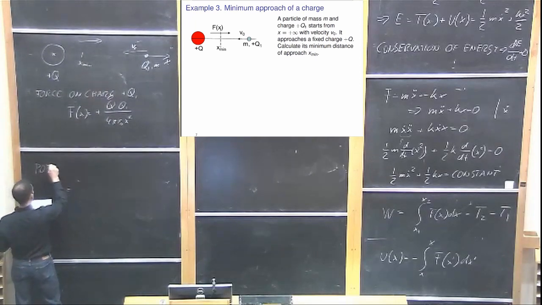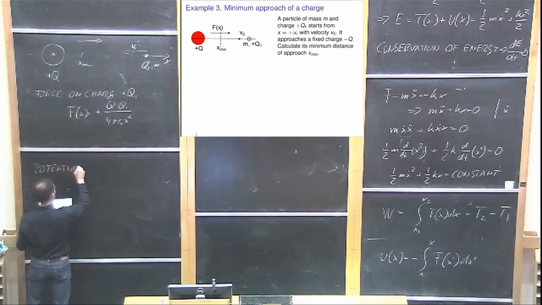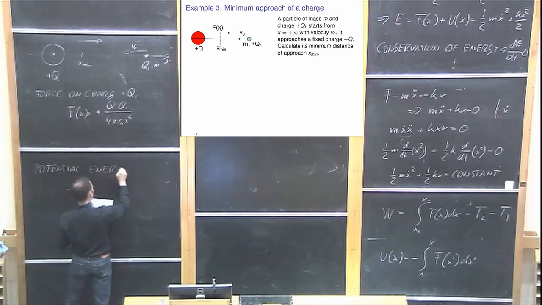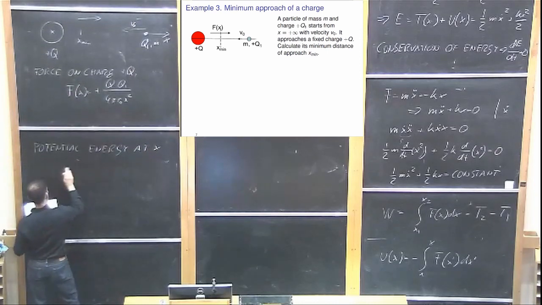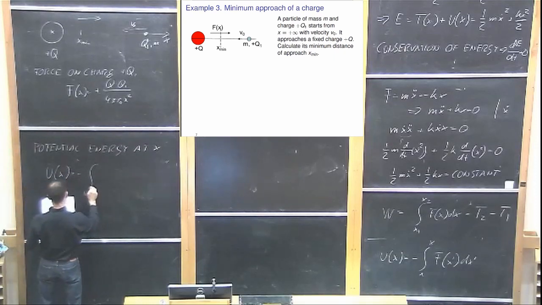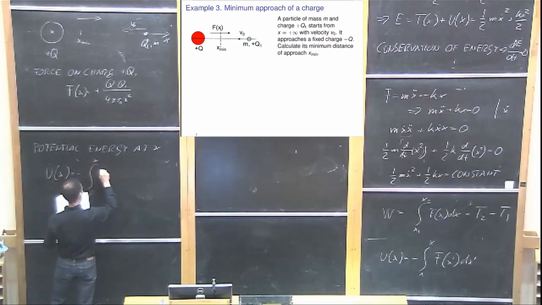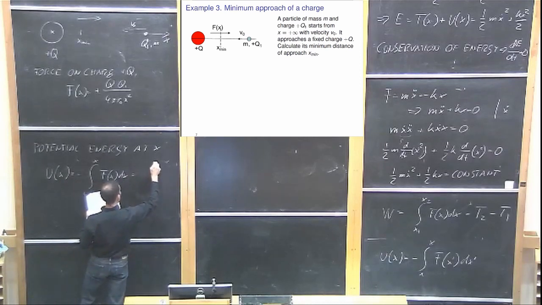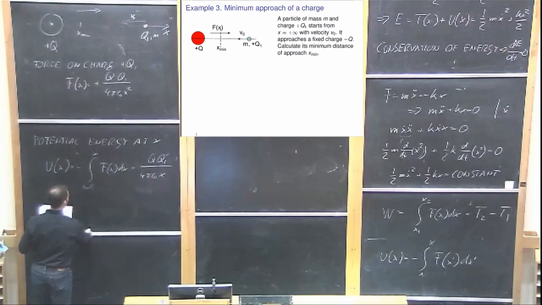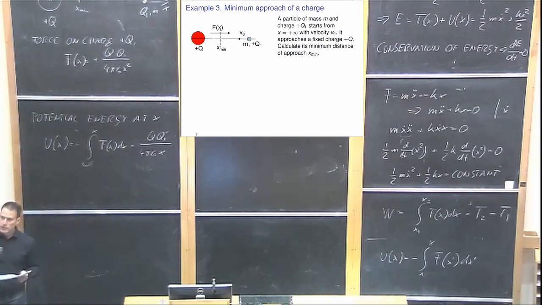Now, the potential energy at x, U of x equals minus the integral from infinity to x of F of x dx, which equals Q q1 over 4 pi epsilon naught x. You see here, in the spring, we used the center of oscillation as reference, or x naught, if you like.